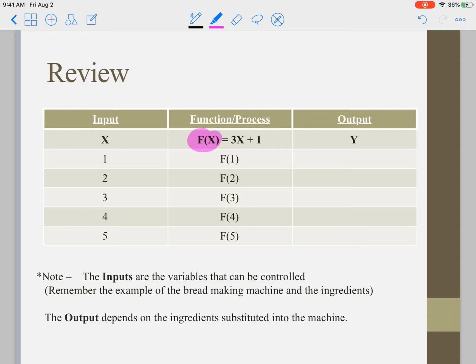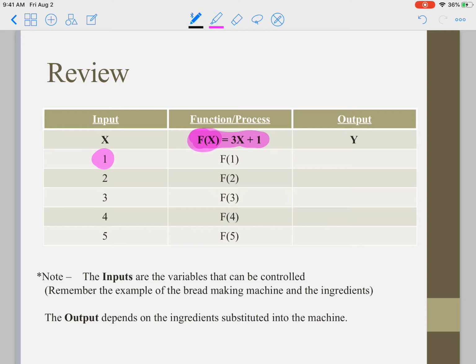Then we need to complete the y, or the output column, in order to be able to write our equation, or to be able to graph, or whatever else they ask us to do. So again, we're going to take each of our inputs, and we're going to substitute those inputs into, as they call it, the function or the process or the equation, and then get our output values.